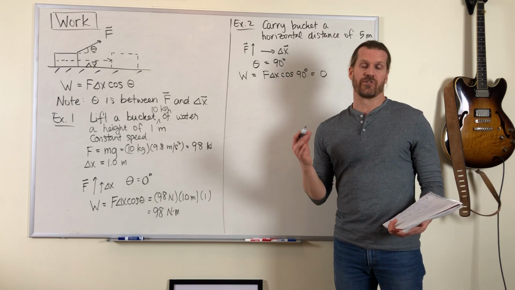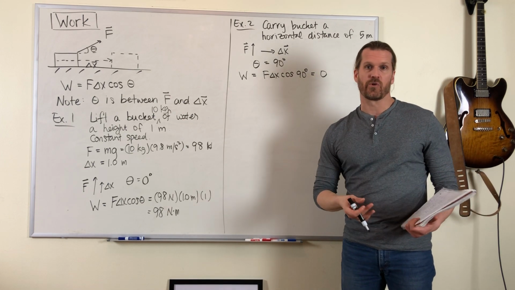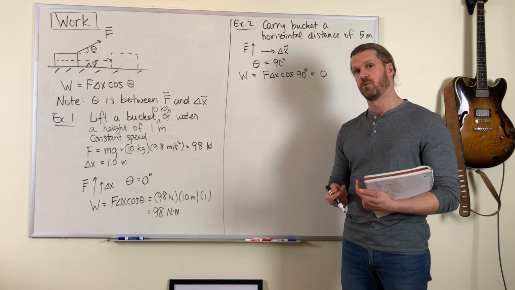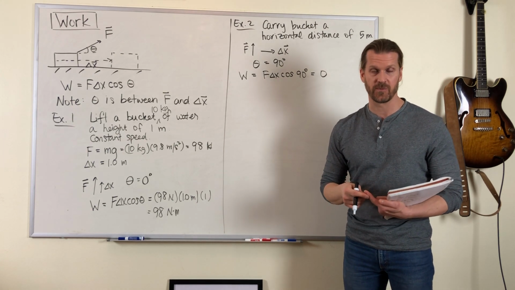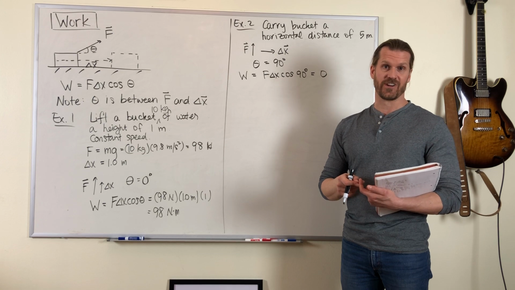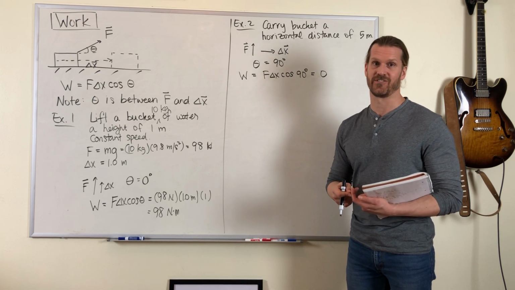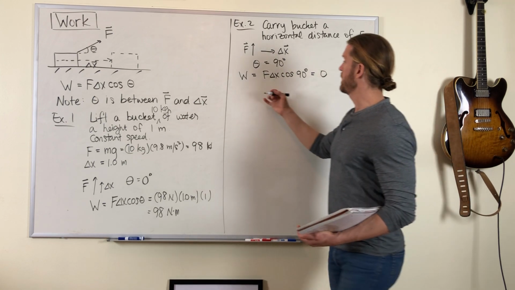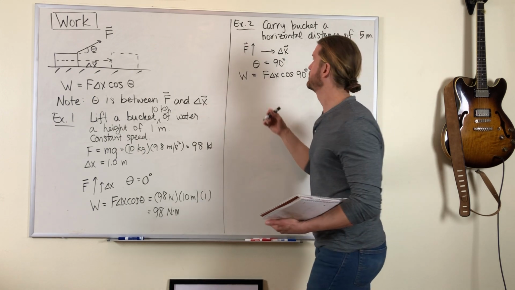And we're going to learn that the reason why we define work in this way is because when the force is in the direction of the displacement, then the object's speed changes and its kinetic energy changes.